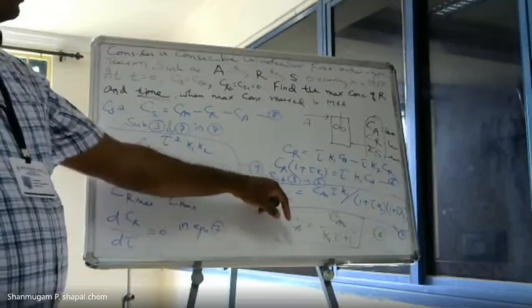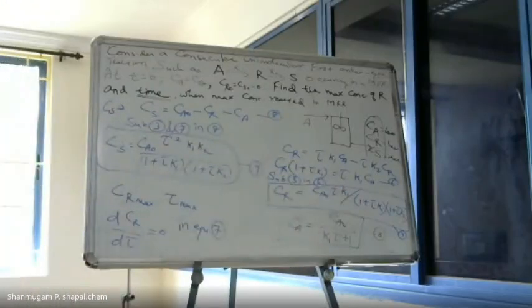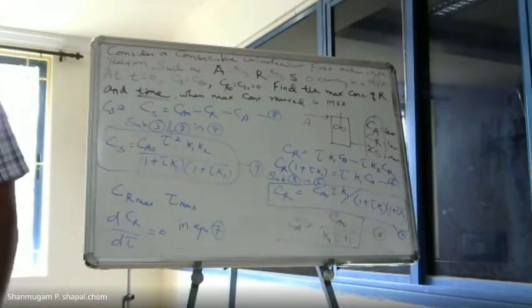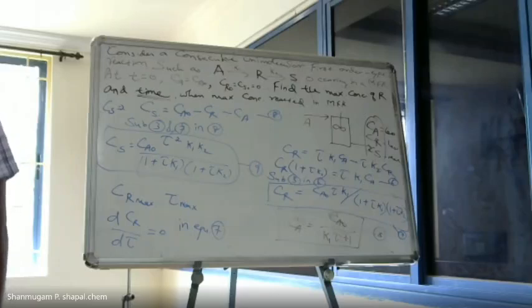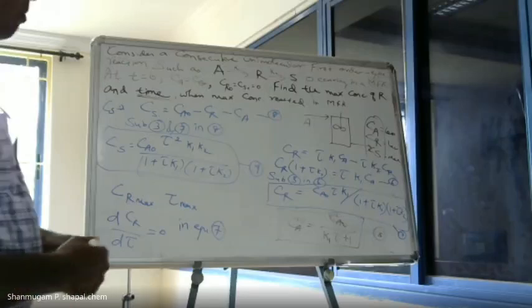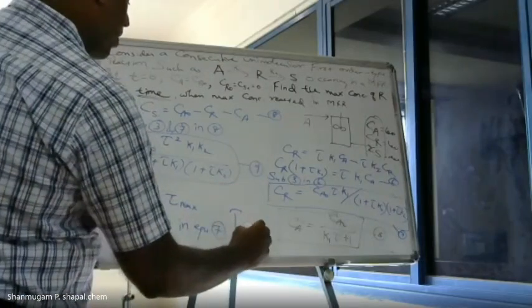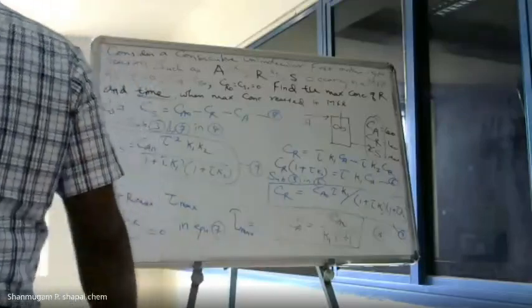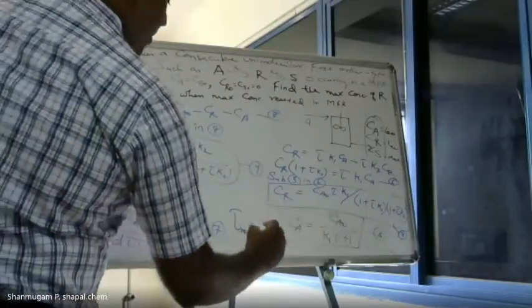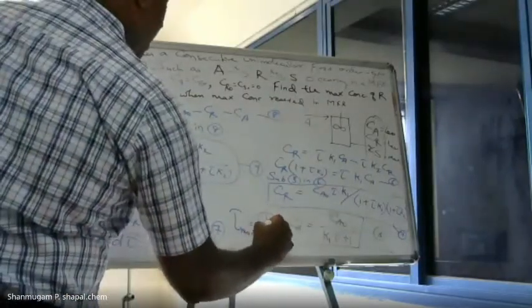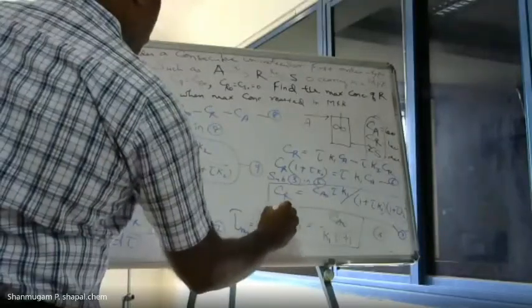If you differentiate the R with respect to time and consider that as 0, then you get the tau max. So the tau max will be something like 1 by root of K1 K2.